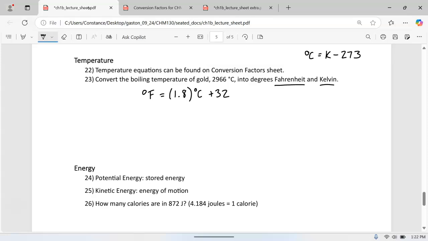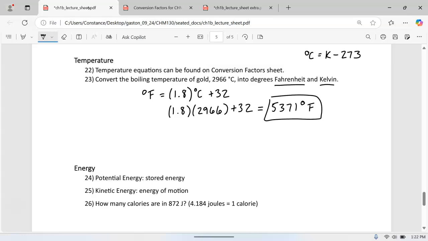If we plug in that degrees Celsius, we get 1.8 times 2966 plus 32. For these, we're typically going to round to a whole number. When I solve for that, I should get 5,371 degrees Fahrenheit.